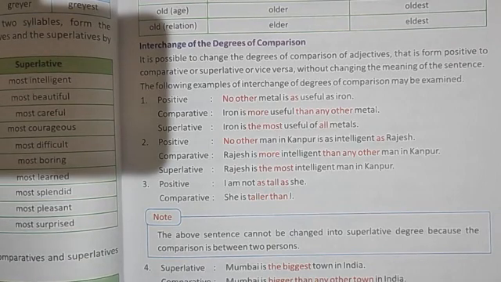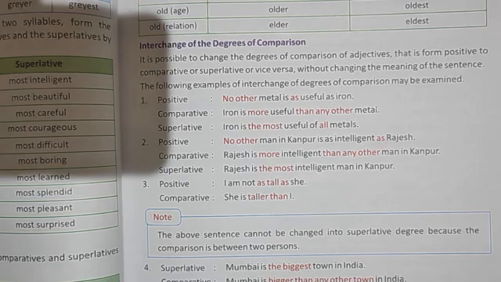Okay. So see, let's read first. It is possible to change the degrees of comparison of adjectives, that is from positive to comparative. Meaning supposedly you have a positive sentence, you can change it into comparative and superlative, or vice versa. Vice versa in the sense, you have been given a sentence in superlative, you have to change it into comparative or positive.